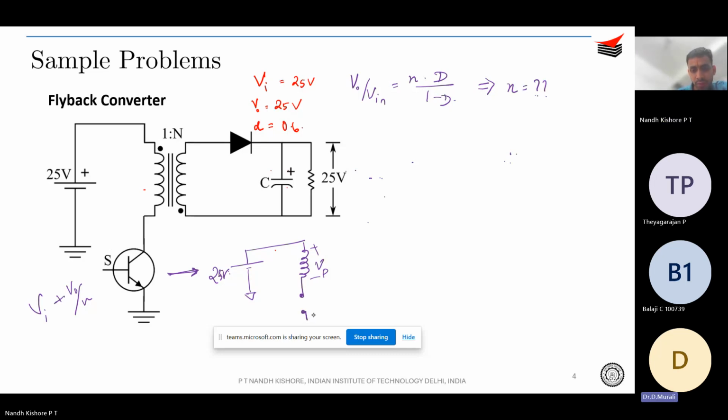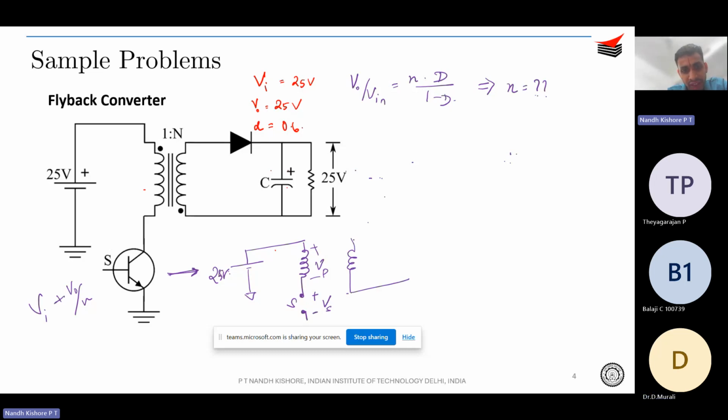So this is your device, and this is the voltage that you need to find out, VS. Obviously you will know that VP is going to be the reflected voltage of whatever is there in the output, correct?